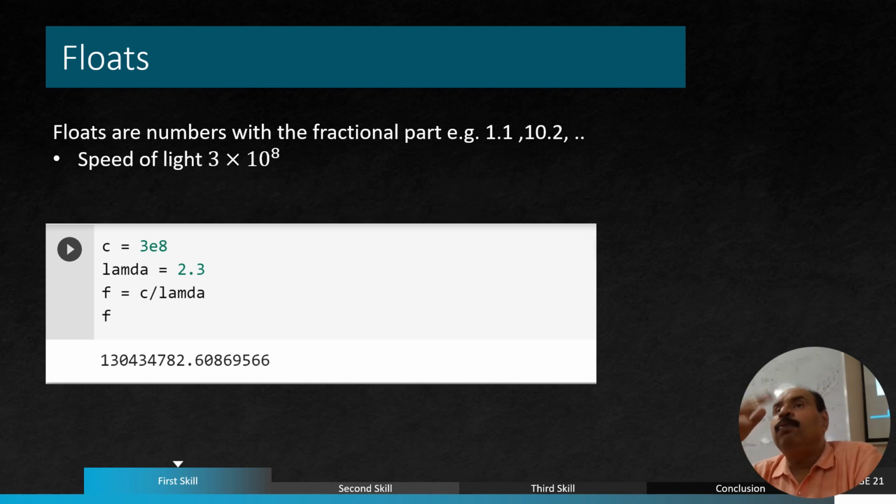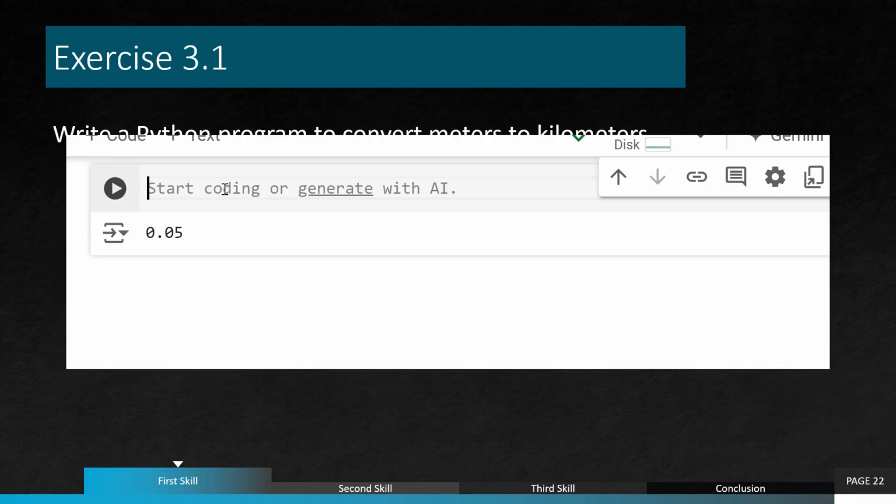While previously we have seen an example with floats, now I'll teach you something more. I'm going to convert meters into kilometers. Okay. Suppose I have 1000 meters, I want the output to be 1 kilometer. So let me put this example. D is equal to 1000. 1000 is an integer.